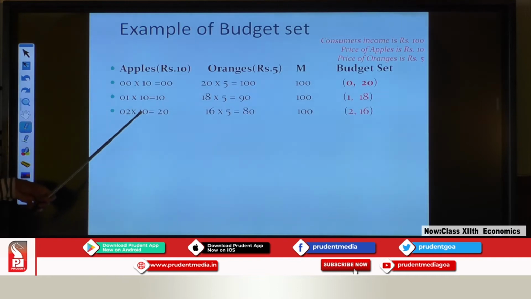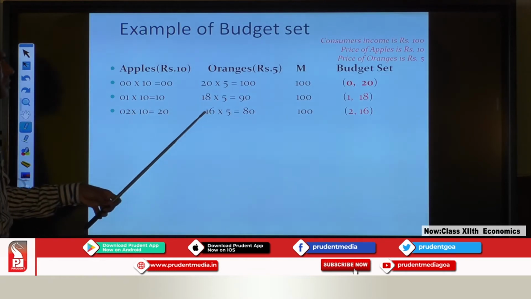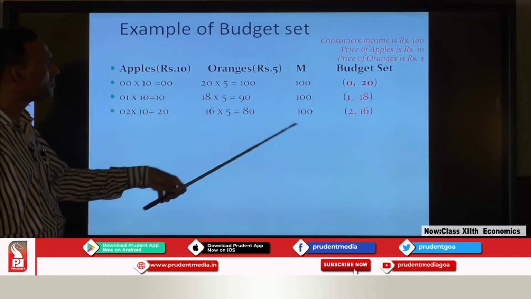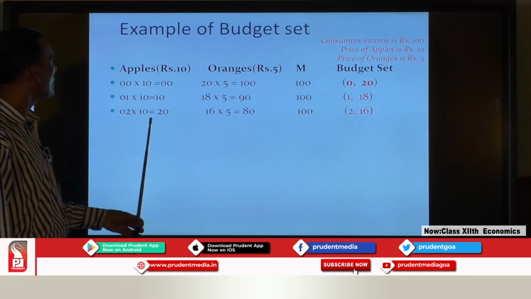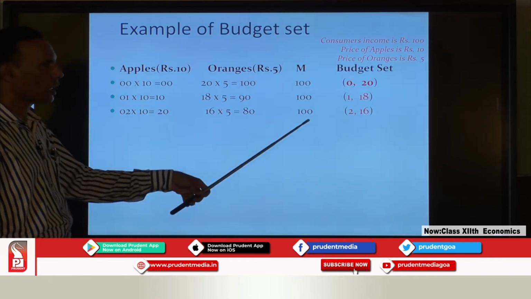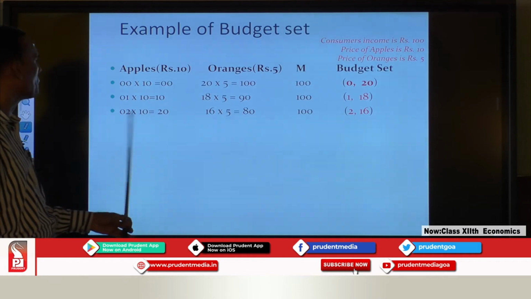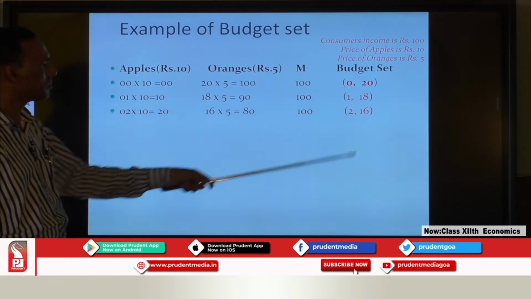Two apples, cost is 10, will give you 20 rupees. 16 oranges, cost is 5, will give 80. So 20 plus 80 will give 100. So the budget set is 2 and 16.